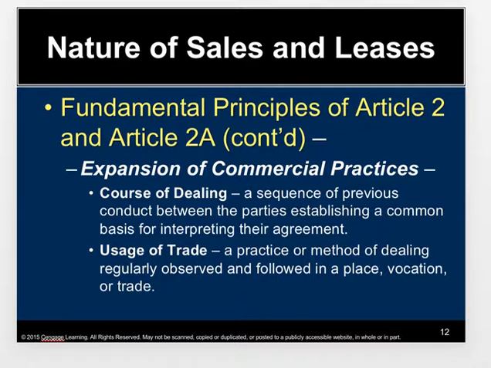So if there's a dispute, not only will the court look to the contract, not only will the court look to the code itself, but the code also allows the court to look at the course of dealing between the parties and see how have the parties acted or conducted themselves towards each other.